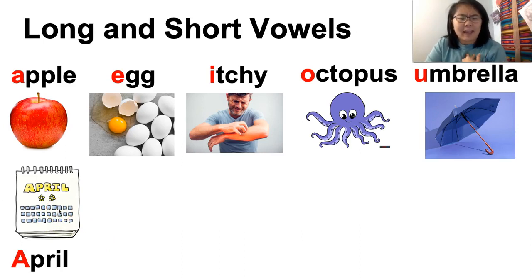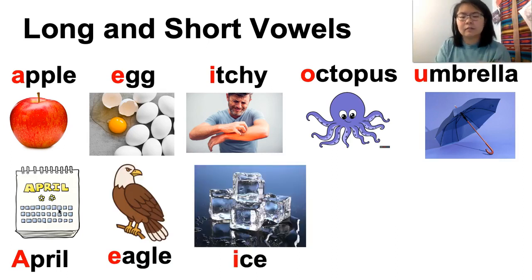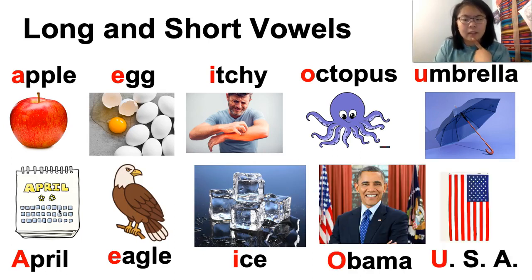Like my name, Amy, I have a long A in my name. Eagle, I, ice, Obama, and U, like United States. So many of us learned long and short vowels. There's also a whole video about these.